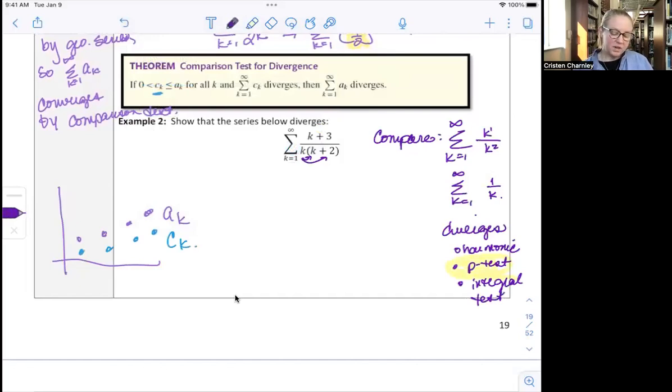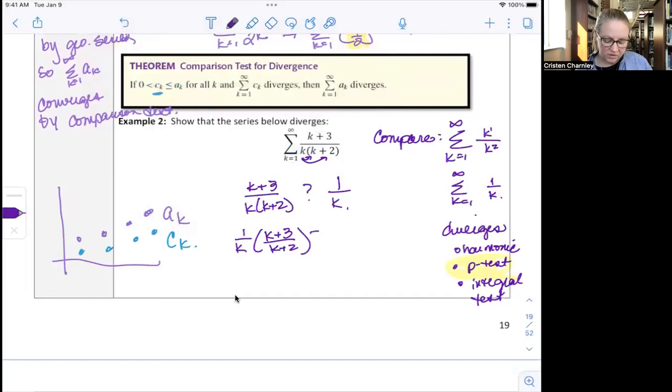So the next thing we want to do is compare A and C in this case. So if I have K plus 3 over K plus 2, I'll compare it to 1 over K. What the textbook does is 1 over K times K plus 3 over K plus 2.